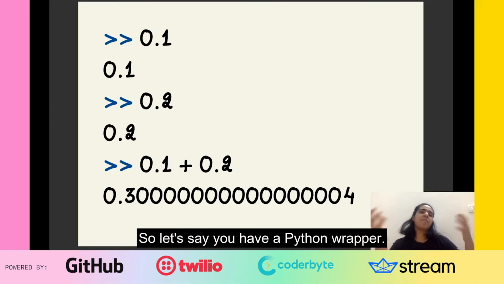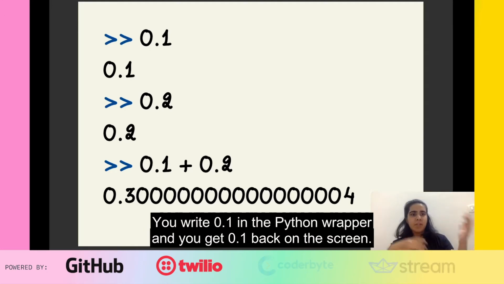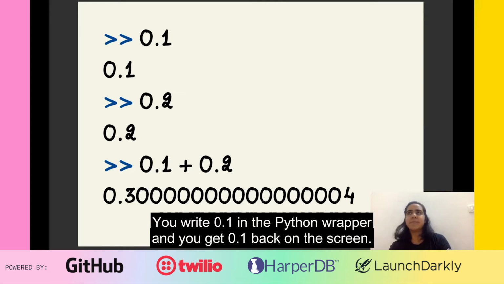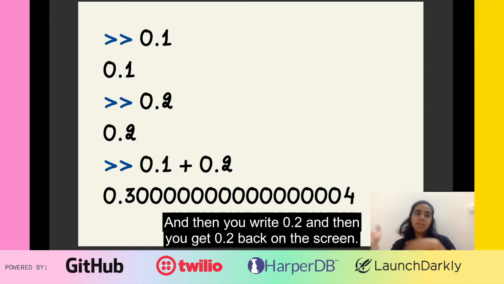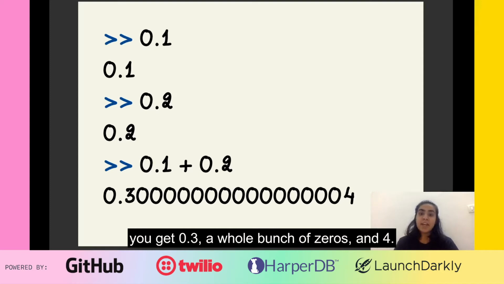So let's say you have a Python REPL and you write 0.1 and you get 0.1 back on the screen, and then you write 0.2 and you get 0.2 back on the screen. But when you add 0.1 and 0.2, you get 0.3, a whole bunch of zeros and 4.